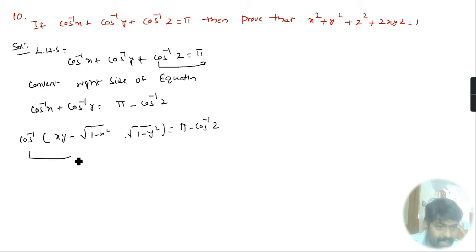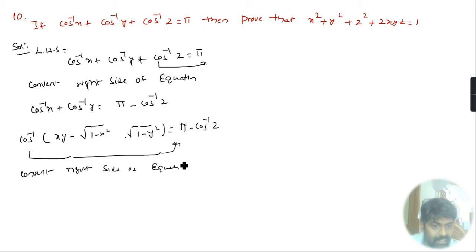And this cos inverse will be converted to the right side of the equation. So we get xy minus root of 1 minus x square into root of 1 minus y square is equal to cos of pi minus cos inverse z.